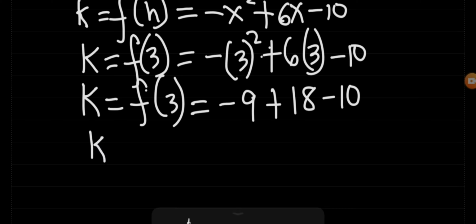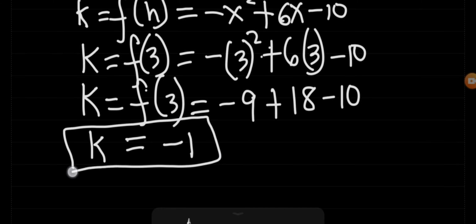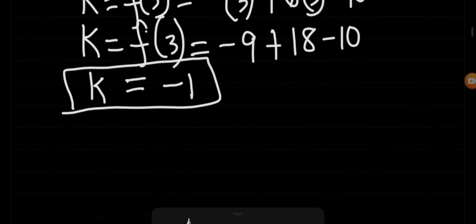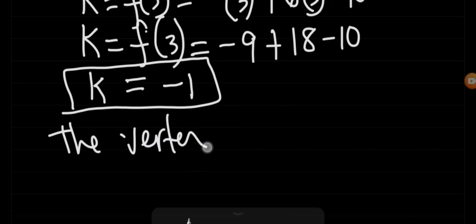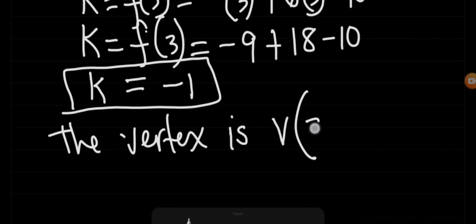So k equals negative 1. So the vertex is (3, negative 1).